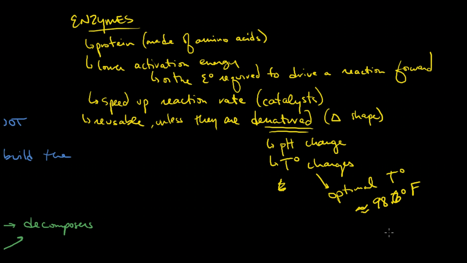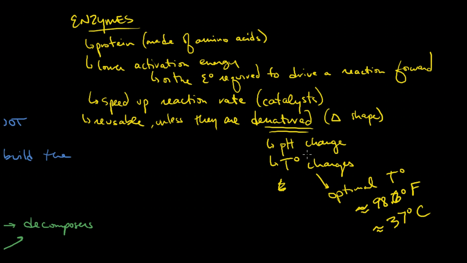But because this is science and we use metrics and there's IB and all that good stuff, you should also be familiar that your body temperature is about 37 degrees Celsius. That's the optimal temperature of these enzymes, where they function best. But pH is a little different, so let's talk about pH, which is the next thing.